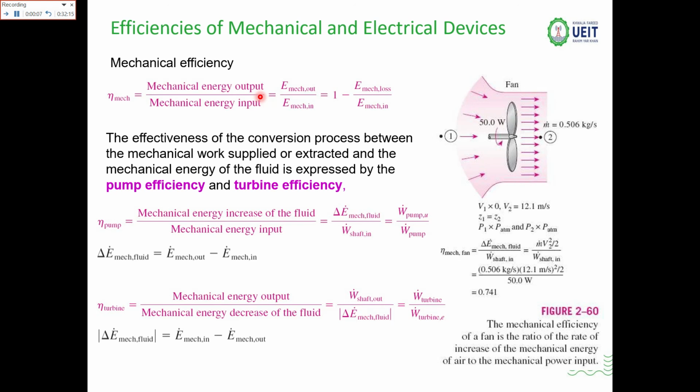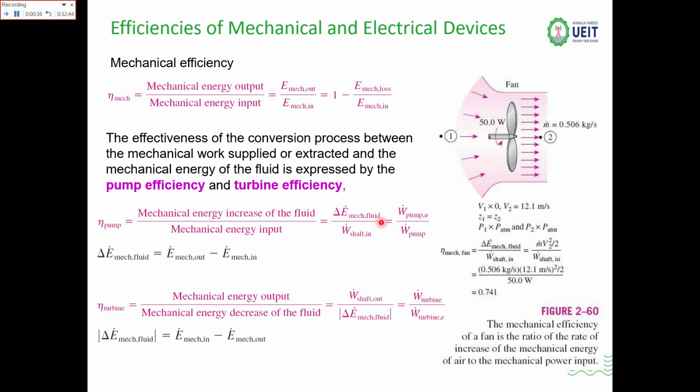I'll explain it again. For mechanical energy, you have the mechanical output over mechanical input. For electrical energy, you have electric output over electric input. For thermal energy, you have thermal output over thermal input. For fluid energy, you have the fluid output, or the potential energy output, over the potential energy input. Likewise, for a pump, the output is the fluid energy.